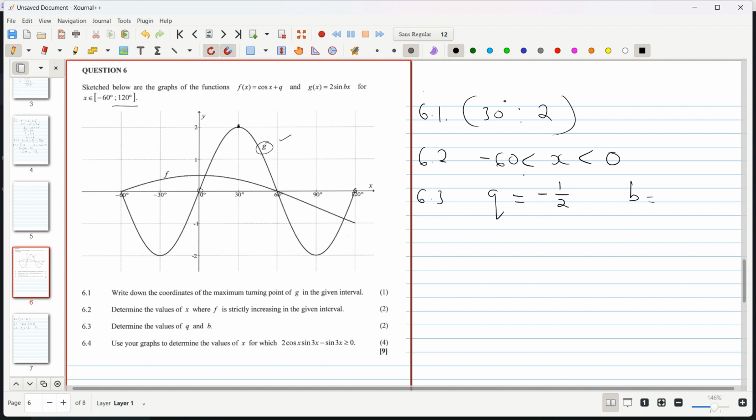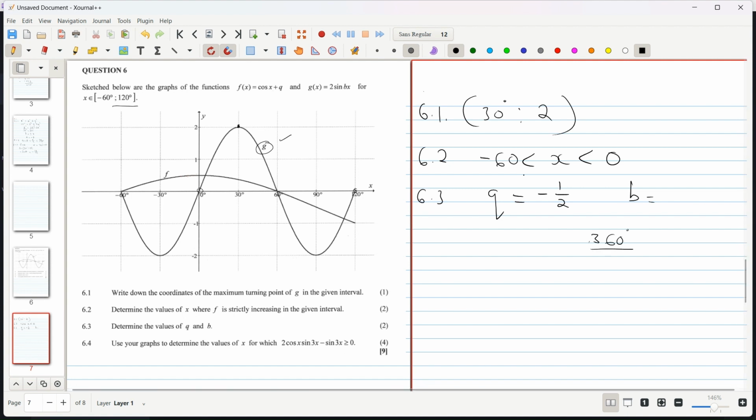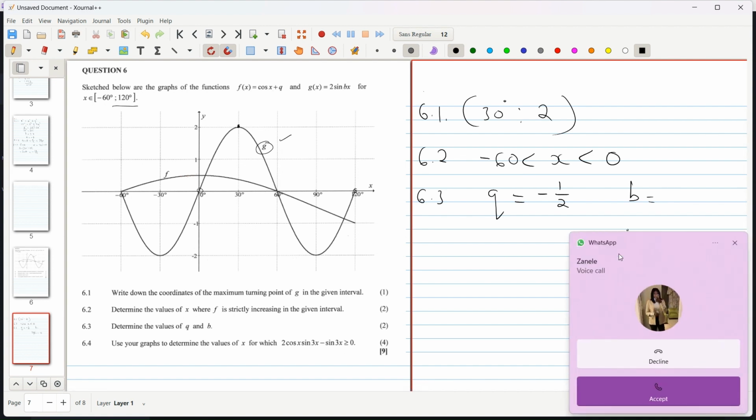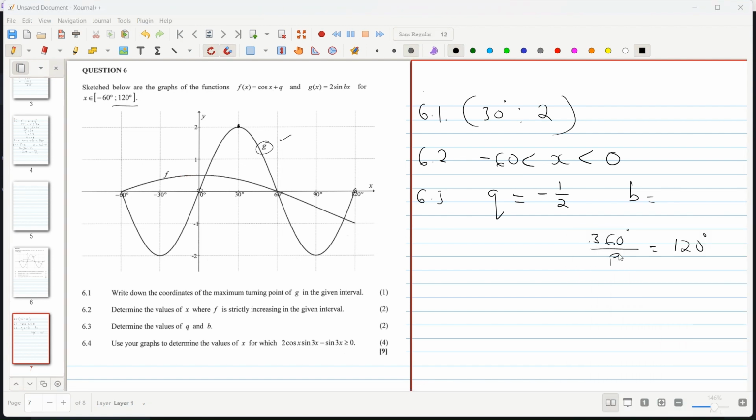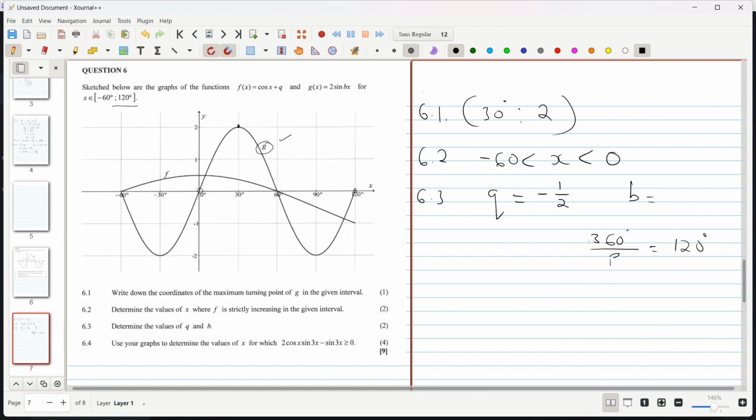Remember, when you calculate the period, it is always 360 divided by that, so the period equals 120. In this case, the period is 120. So we want to see what we are dividing with to get 120, right?